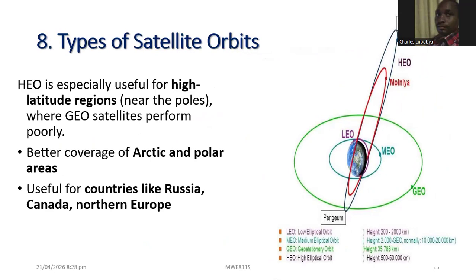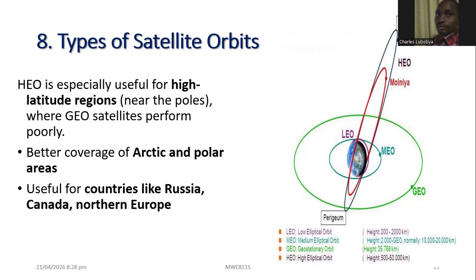You normally launch them near the poles, the South Pole and the North Pole. That is why they are useful for countries that are closer to the South Pole and the North Pole, like Russia, Canada, Northern Europe, and including Southern Africa, which is closer to the South Pole, as well as most of these European countries that are closer to the North Pole.